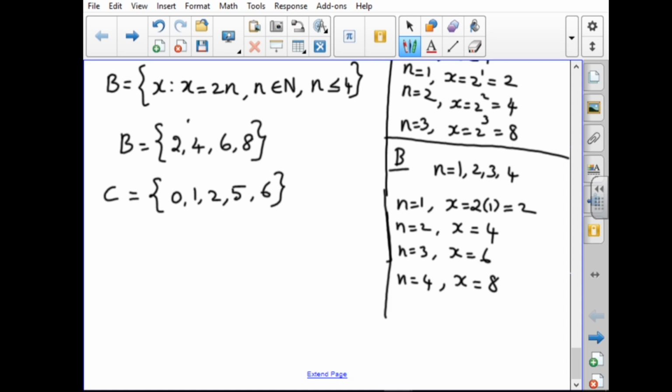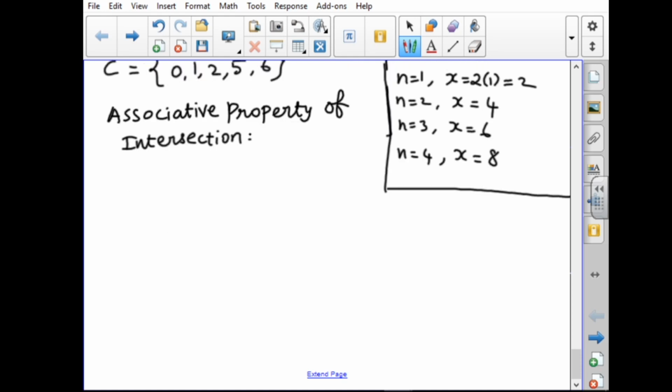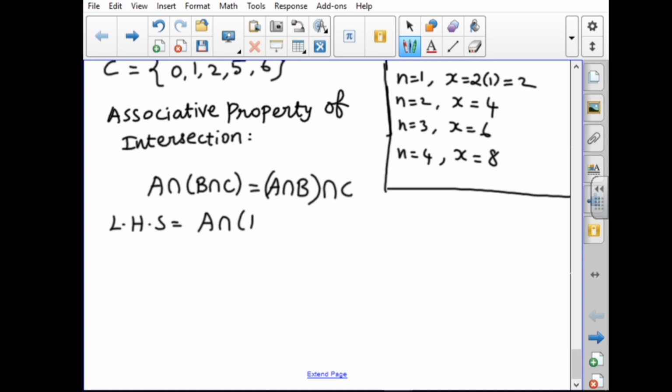The associative property of intersection: A intersection B intersection C is equal to A intersection B intersection C. First the LHS, that is A intersection B intersection C. First we should find the bracket values, that is B intersection C. Intersection means common elements of B and C. See the B set 2, 4, 6, 8 and the C set 0, 1, 2, 5, 6.